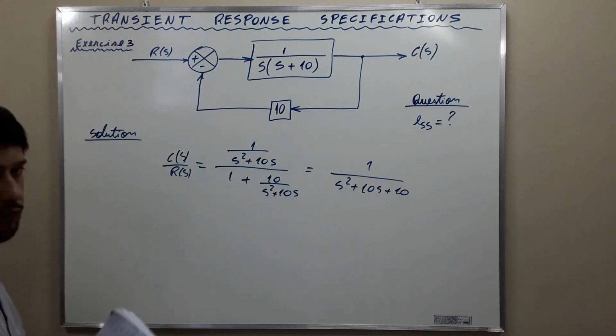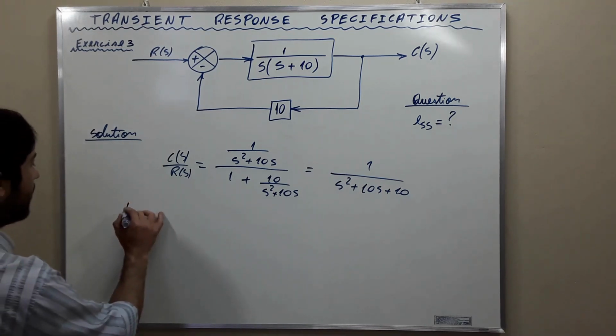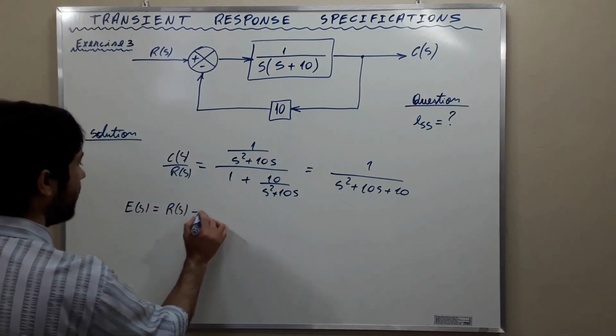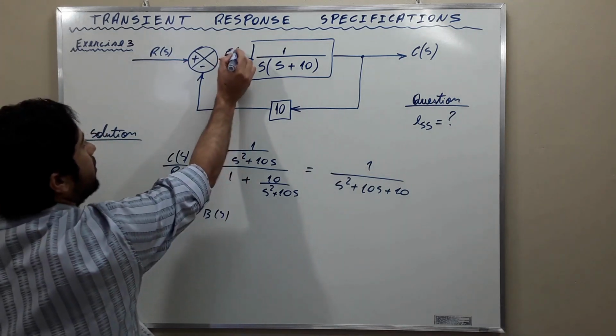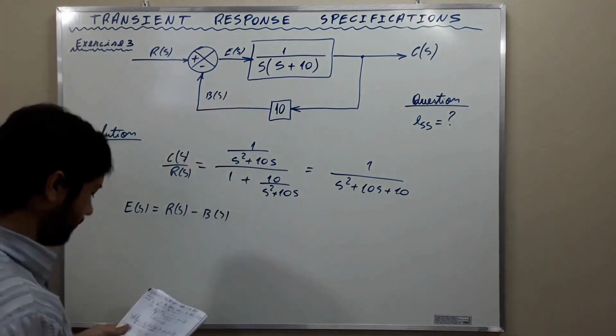The error transfer function may be obtained as E of S is equal to R of S minus B of S. E of S, the error, is here, and B of S is here. Okay?